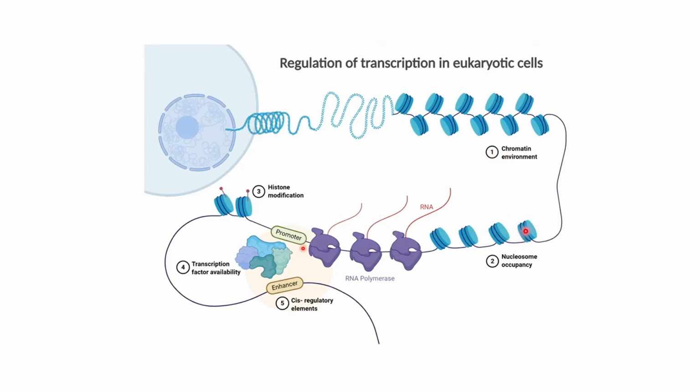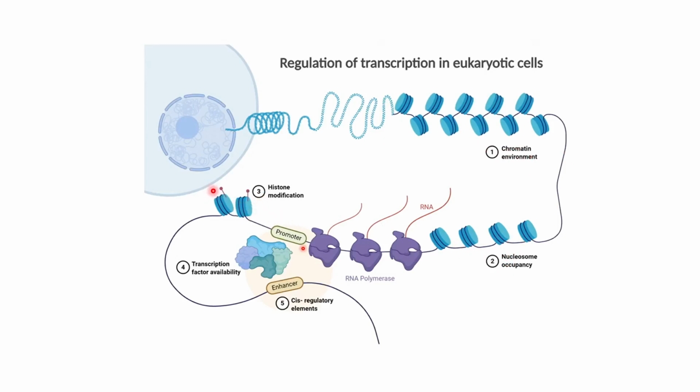If the chromatin is devoid of nucleosomes, then the transcription factor can act on that chromatin. So you need to unwrap the chromatin from the nucleosome, and then the transcription factor will work and the RNA will be produced. So the transcription process is regulated by the chromatin environment, nucleosome occupancy, as well as histone modification.